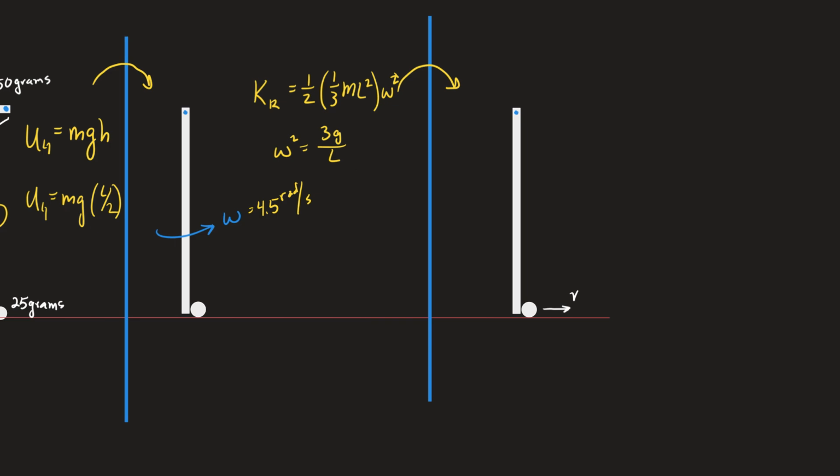Collisions almost always conserve momentum. In fact, we derived a bunch of stuff about momentum to use in collisions. Angular momentum is conserved because in this case, the ball causes a torque about the pivot point of the bar, changing the bar's angular momentum. So there's a change in angular momentum of the bar due to the collision with the ball.